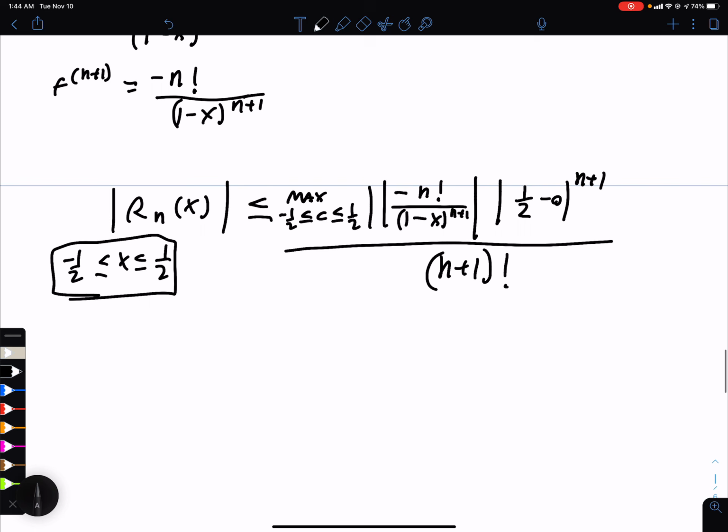What is going on? Let's simplify this. Okay, we determined the best x here to get the maximum value is 1/2.